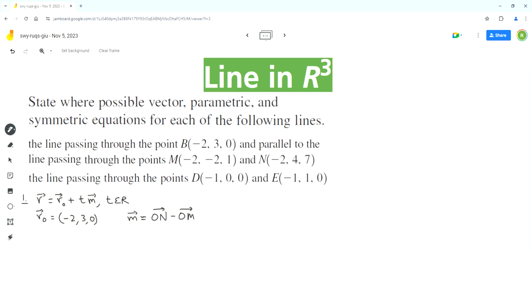I'm doing ON minus OM. We can also do OM minus ON. For position vector ON, we should use the given point N. And for position vector OM, we should use the point M.